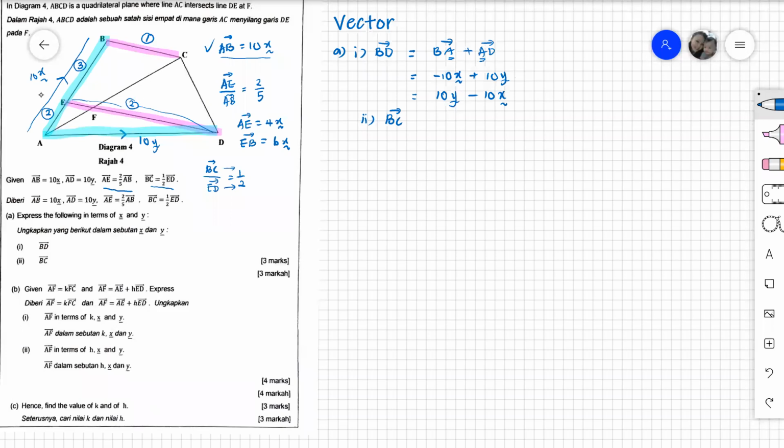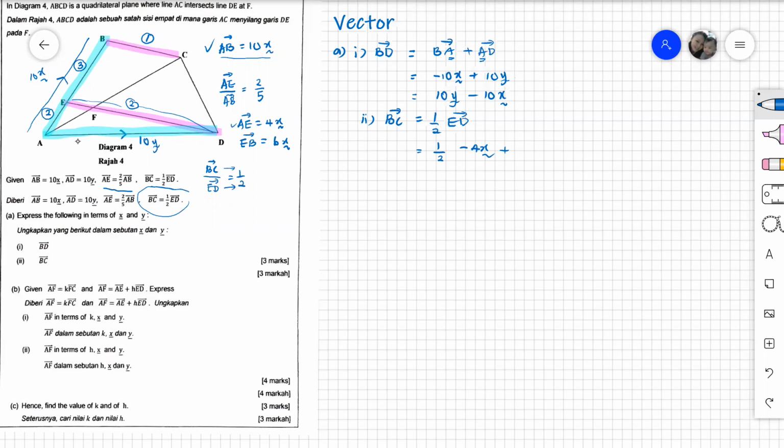To move from E to D, we can use the existing blue path to help us. Based on the equation given, BC equals half ED. And ED can be found by looking at the diagram. It will be the opposite of AE. Since we have AE as 4x, the opposite will be negative 4x.